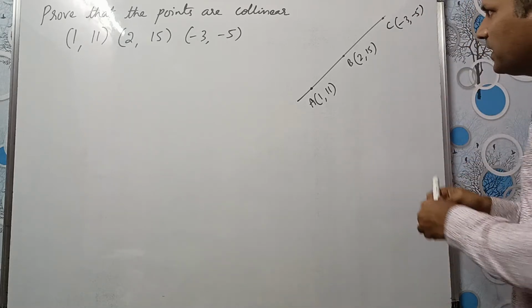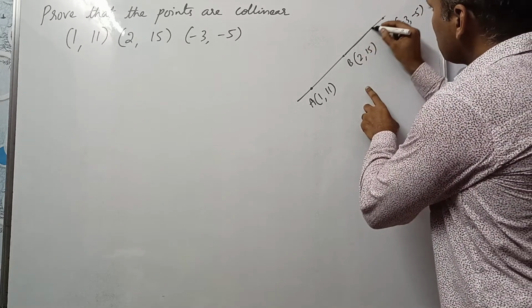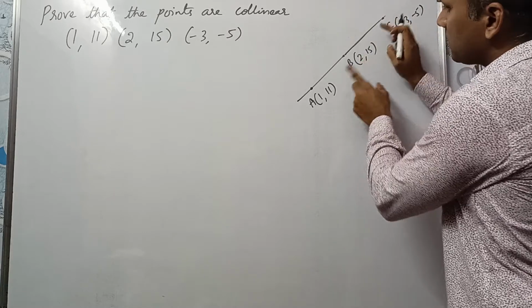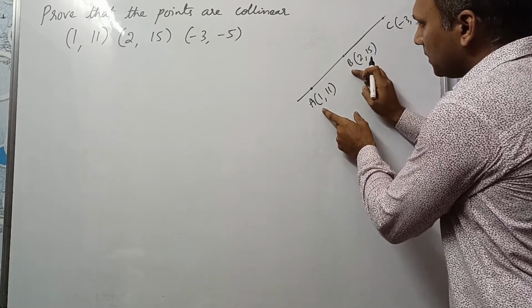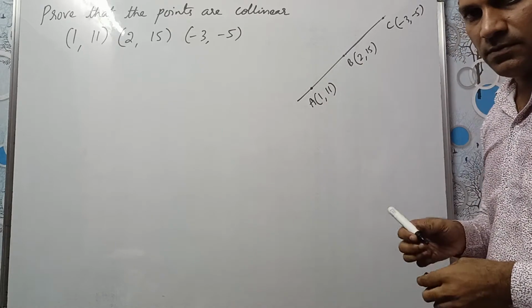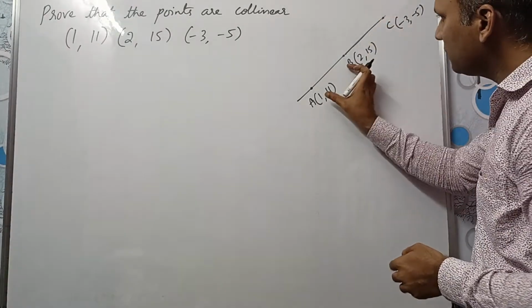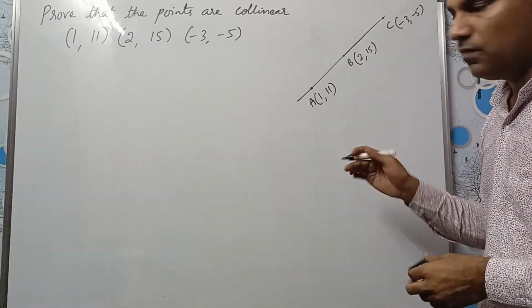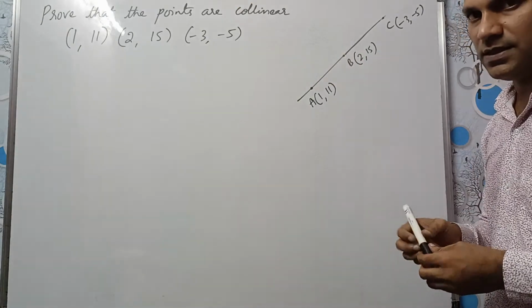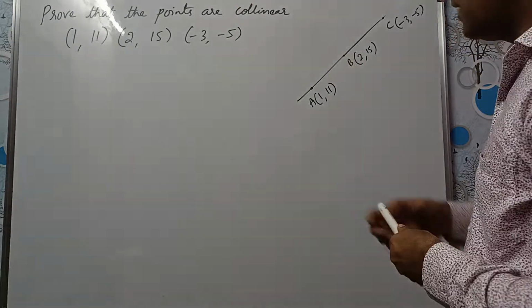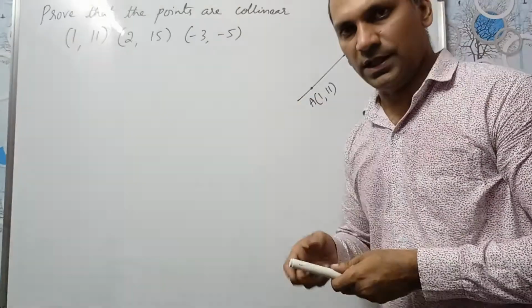See, if we can prove that the slope of BC and the slope of AB are same, the points are collinear, isn't it? Alright. If the slopes are same, the points are collinear.